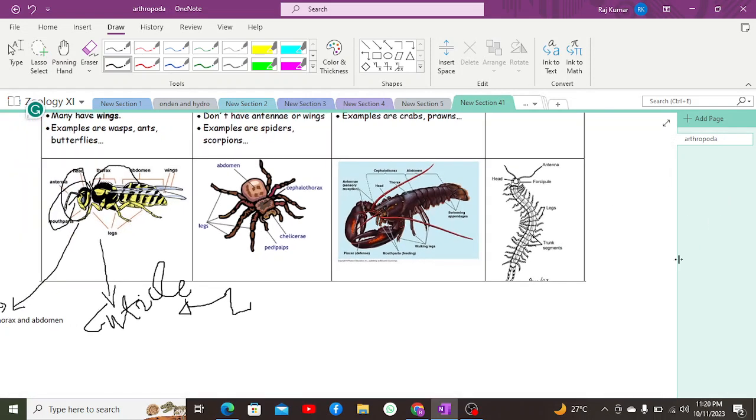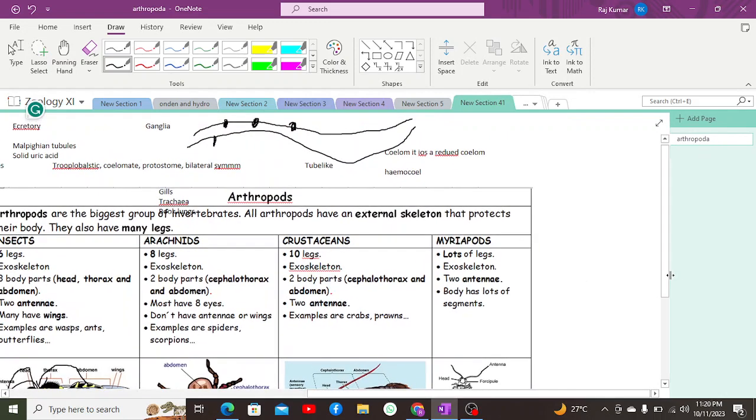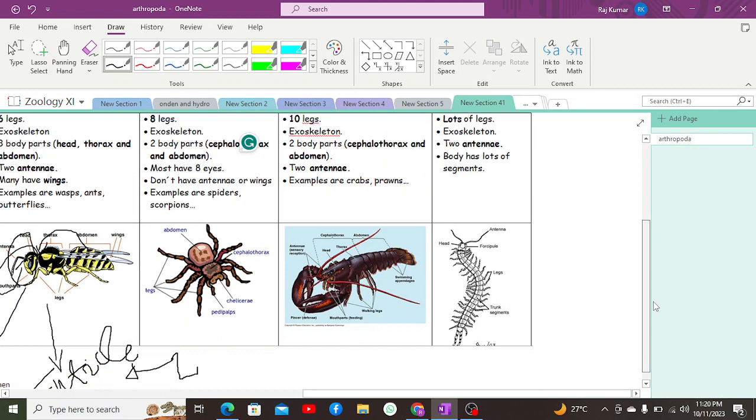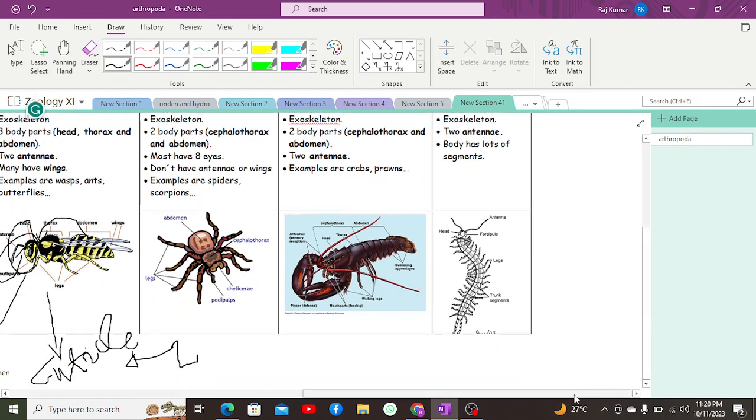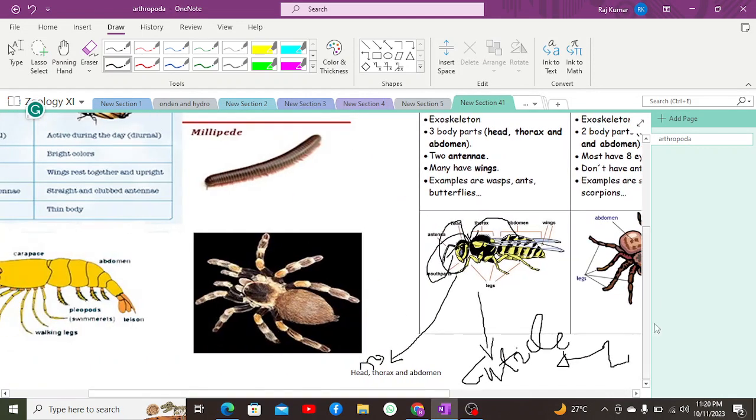Actually, it isn't visible, but their brain is located inside their head ganglia, and there are several series of ganglia which run down the length of their body, connected with the double ventral nerve cords, and these double ventral nerve cords are themselves connected with the brain.